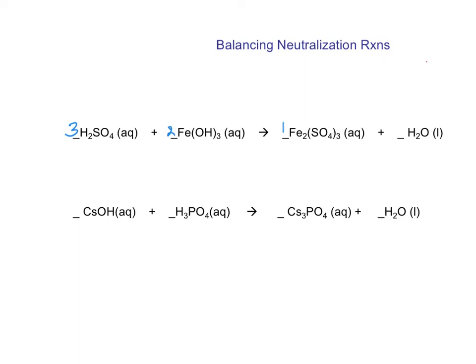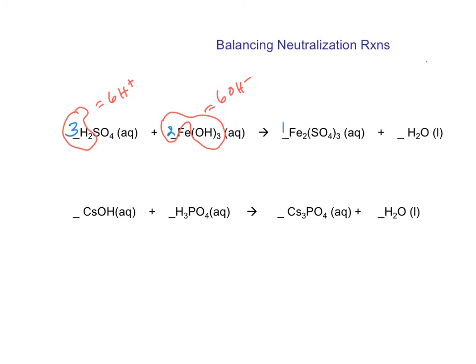How many hydroxides are there? Now, you could have approached this a little bit differently, but we're here, so I'll just point it out to you. There are a total of 6 H pluses here, a total of 6 hydroxides here.